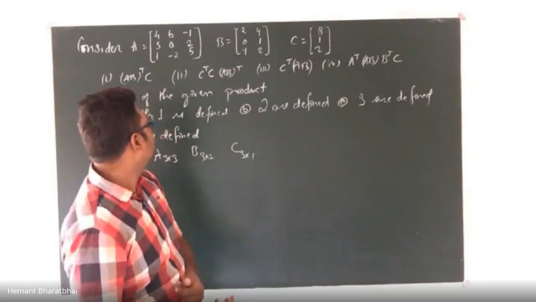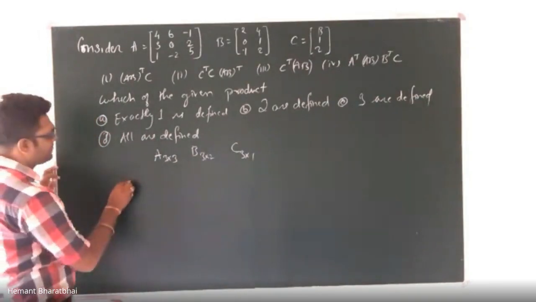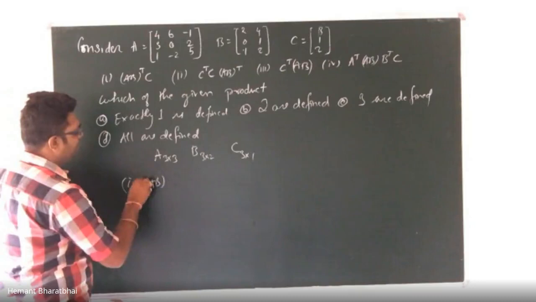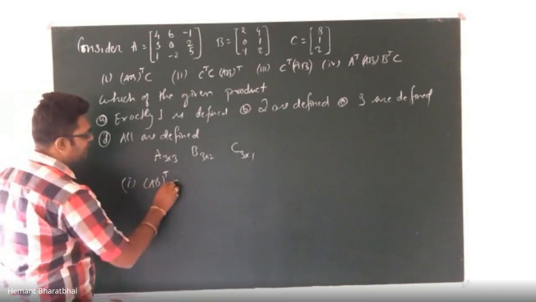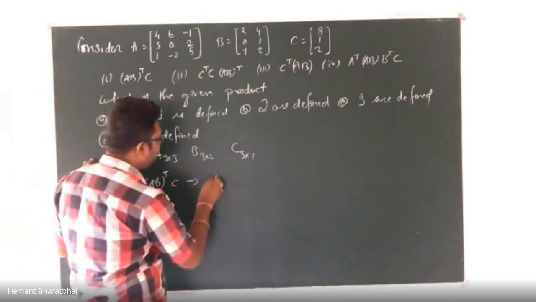Now see the options and let us see which is defined and which is not. The first is transpose of AB into C. First we have to find out if AB is defined.